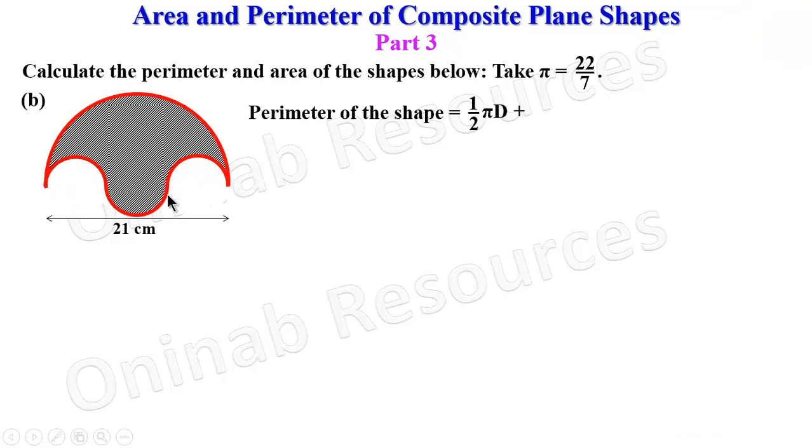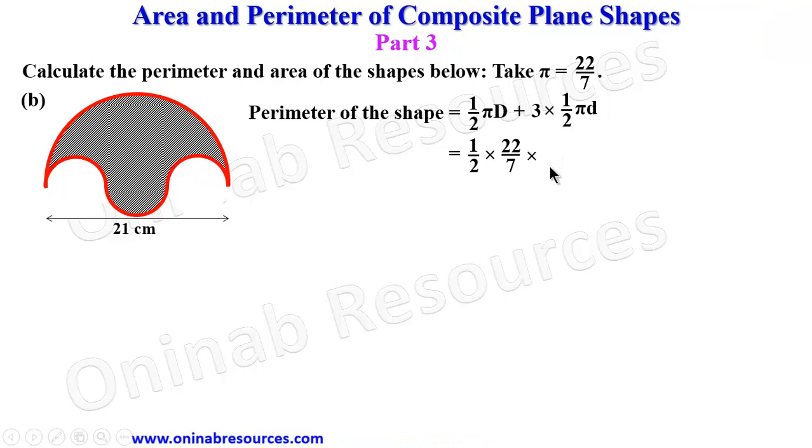We're going to find the circumference of the semicircles. So to do that, we find the circumference of one of the semicircles and multiply by 3. So that's going to be 3 times half pi d, small d. So we substitute into the formula. We have the perimeter as half times 22/7, then our d here is 21 for the large semicircle.